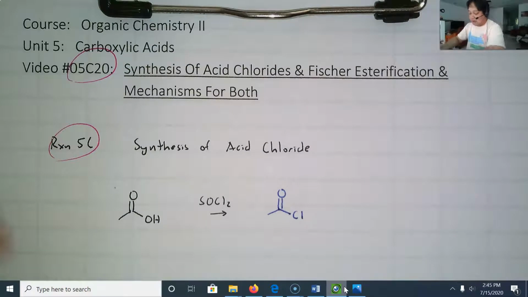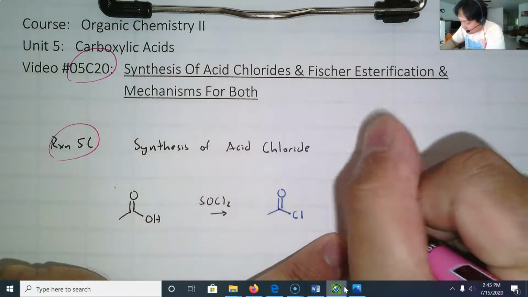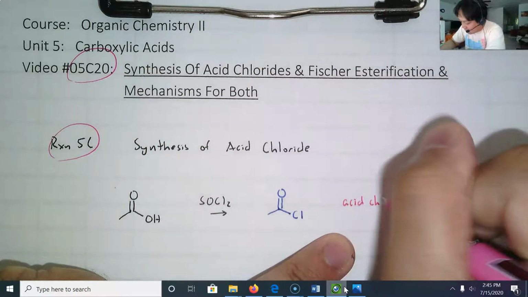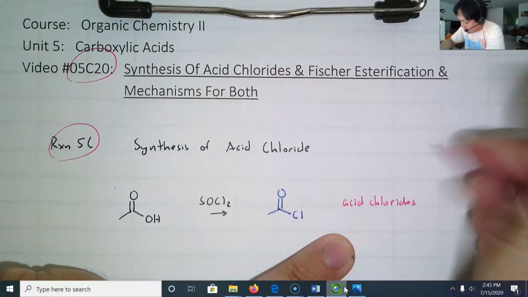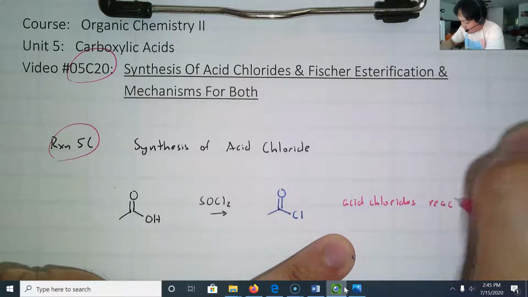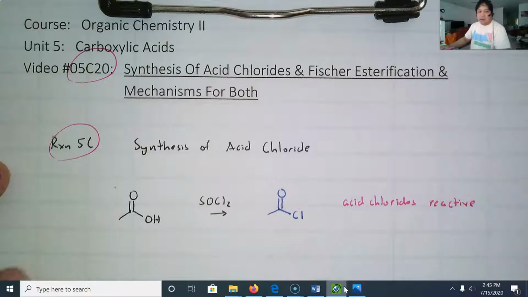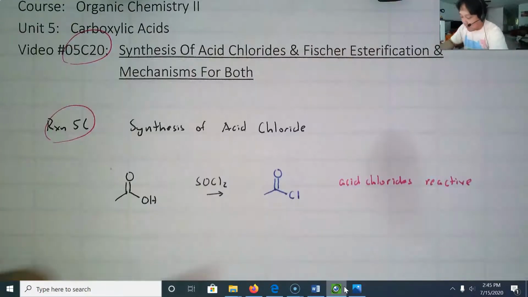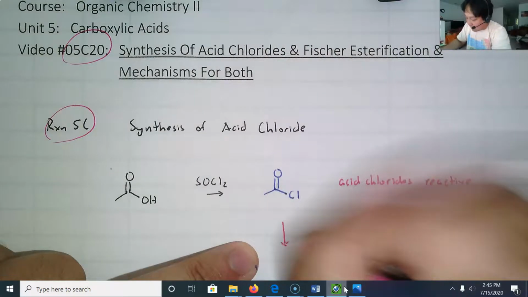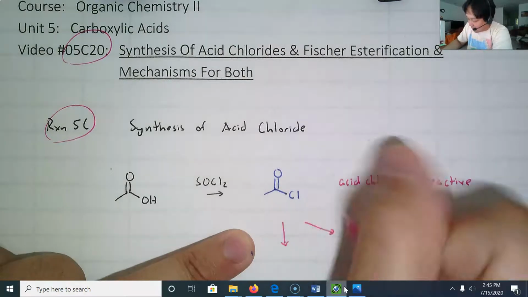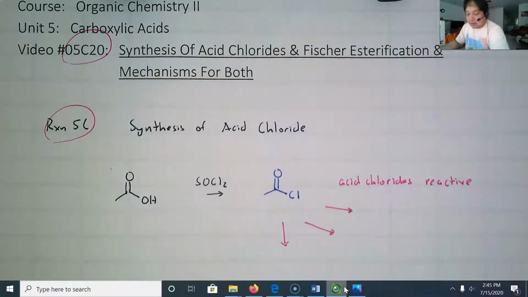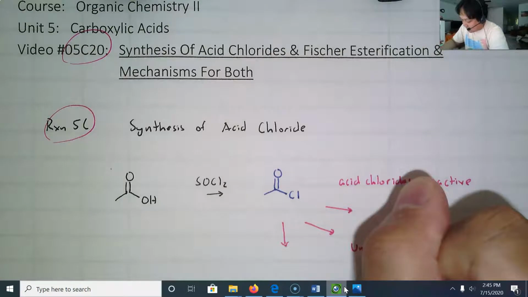Acid chlorides are pretty reactive. And in the next unit, Unit 6, we're going to see several reactions coming from an acid chloride. This is all Unit 6.